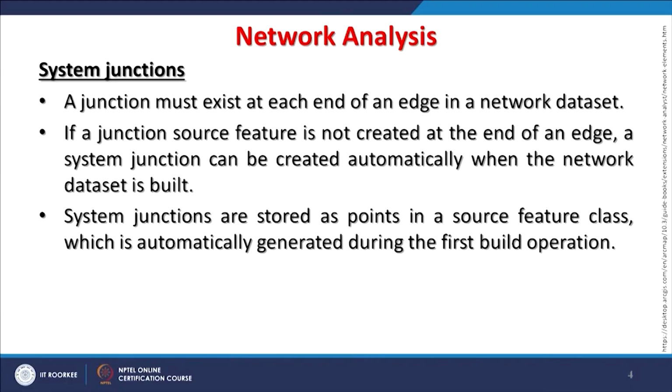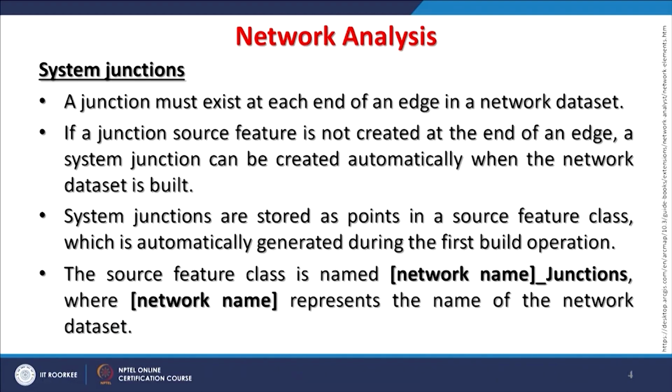So system junctions are stored as points in a source feature class, which is automatically generated during the first build operation. And this source feature class, because every time you don't have to do it. Once a network is ready, only then will optimization or modeling be done.